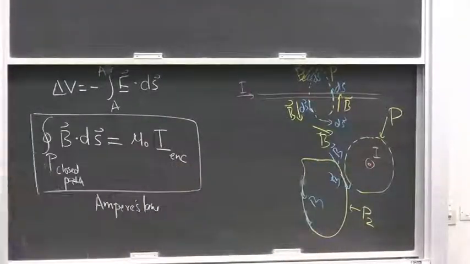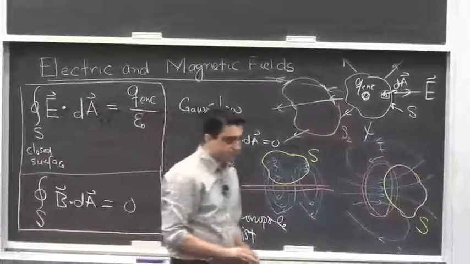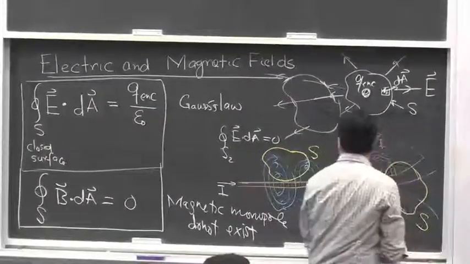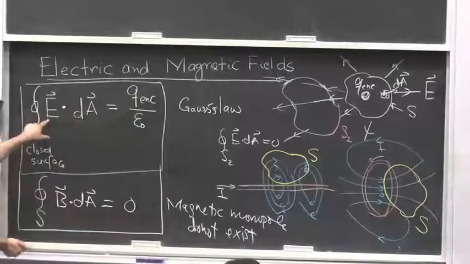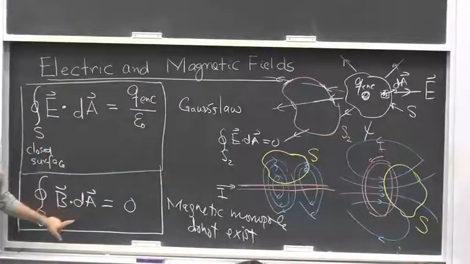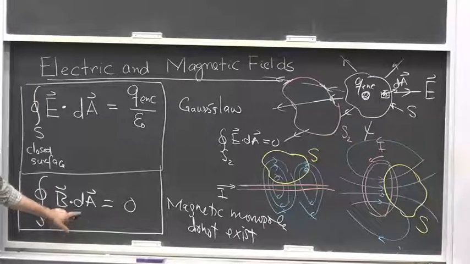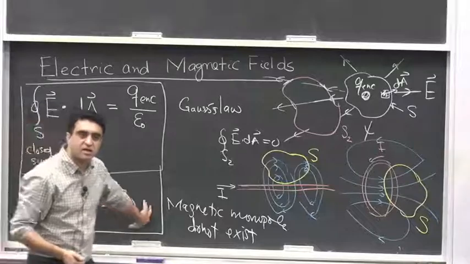So this is basically what we have done until now. You can summarize all of this in these four equations. Whenever you have charges, you have electric field. But you can't have charges of magnetic field, so the magnetic field doesn't have a single north pole or a single south pole.